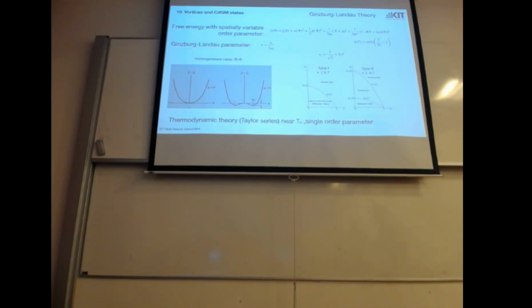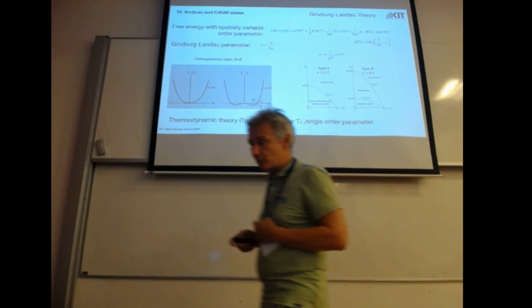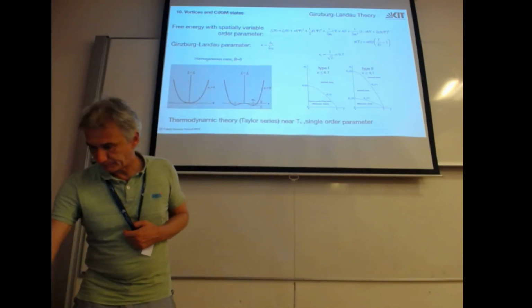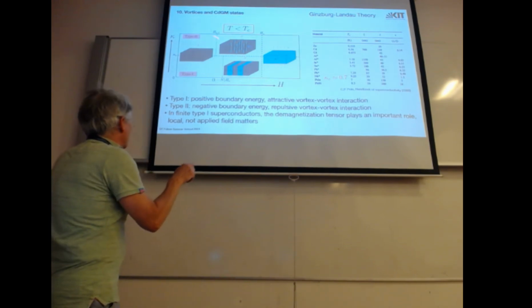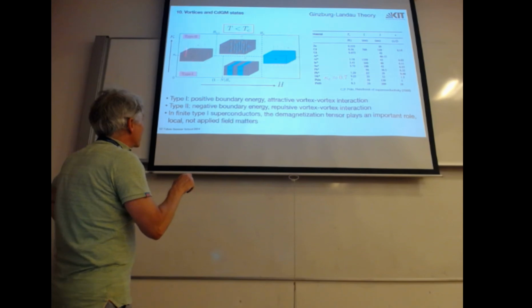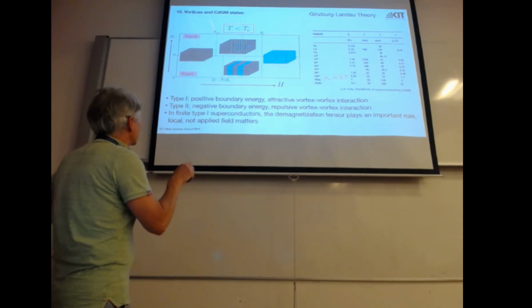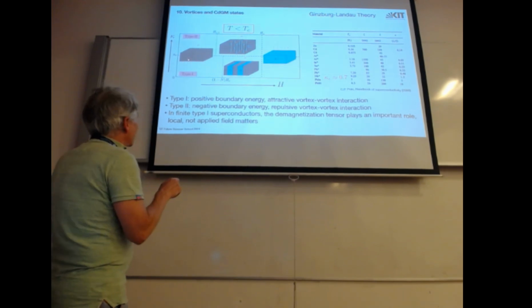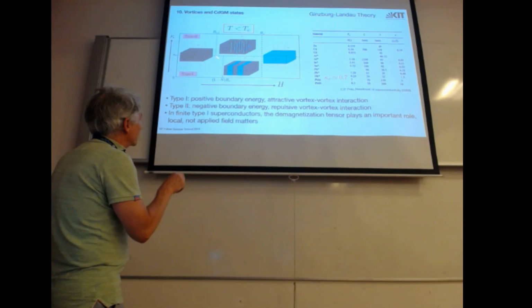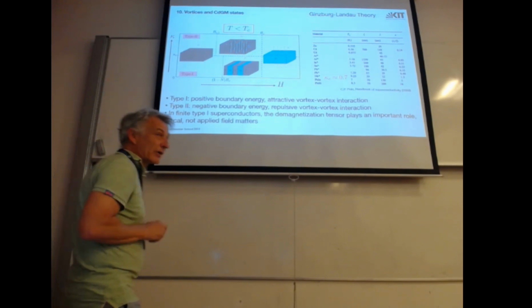So if it is smaller than 0.7, it's a type 1 superconductor; if it's larger than 0.7, it's a type 2 superconductor. So the phase diagram looks like this. I switch on the magnetic field. If it's very high, it's normal. If it's low, zero field, then it's superconducting. And type 2 superconductor is via a vortex lattice.